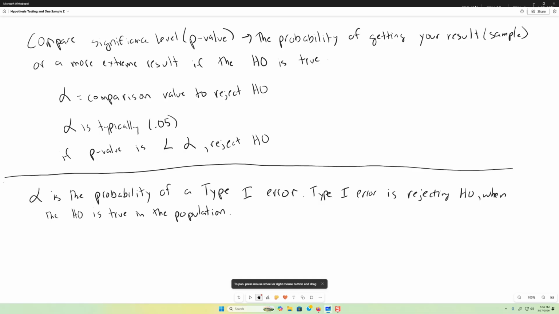And we don't want to lower it too much, because if we lower the alpha value too much, we increase something called type 2 error. So type 2 error is known as beta. Beta is the probability of type 2 error.